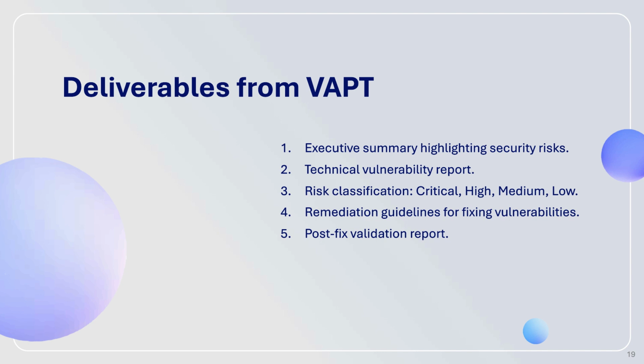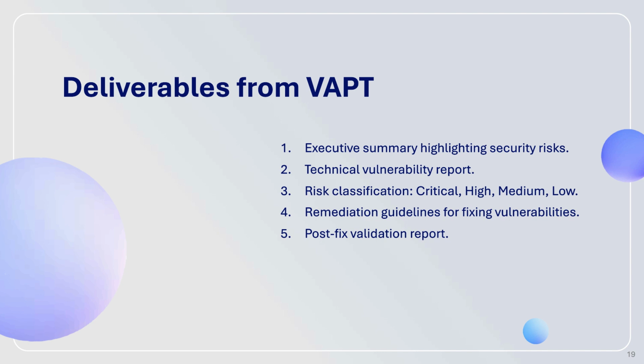And the fourth point is recommendations for mitigation. These are detailed and actionable steps to remediate each identified vulnerability. It includes technical fixes like patching software and changing configuration, and process improvements like updating policies, training staff, etc.